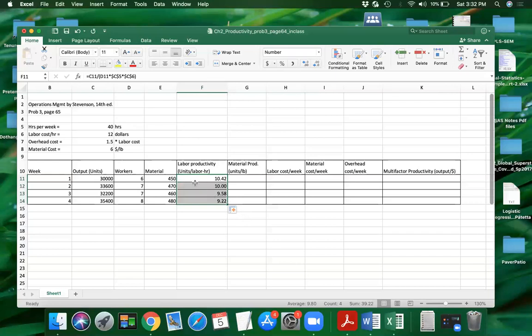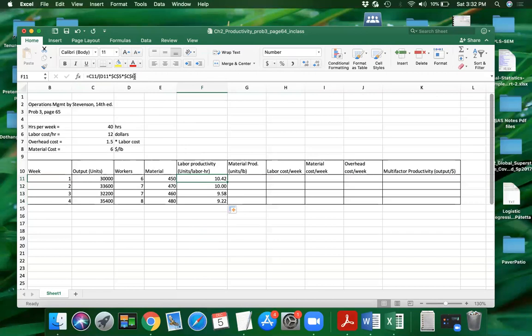That's my labor productivity. I'm sorry, I think I made a mistake here. This is in terms of dollars, because I included the dollar rate here. So this becomes units per labor dollar input. That's something you have to keep in mind.